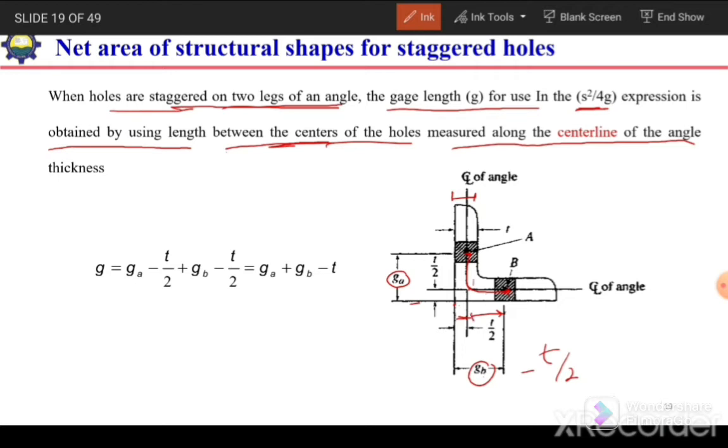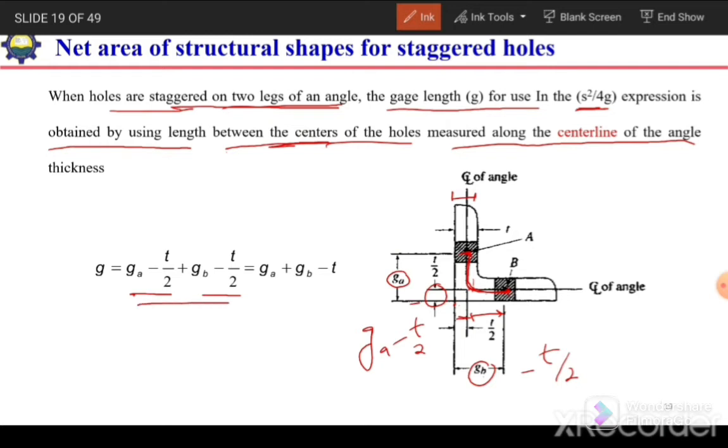Similarly, in this direction, the distance from the center of the hole up to this center line will be GA minus T by 2. So the total length will become GA minus T by 2 plus GB minus T by 2. This is the length of the center line from the center of this hole up to the center of the next hole.